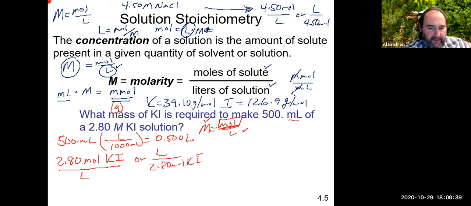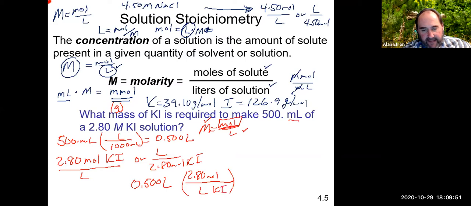If I take the conversion factor approach here, we start with our 0.5 liters and multiply by 2.8 moles of KI per liter. Our liters cancel each other out, and 0.5 times 2.8 gets us 1.4 moles of KI.